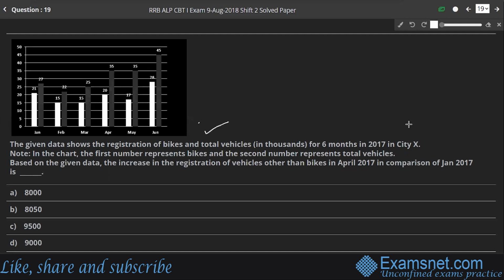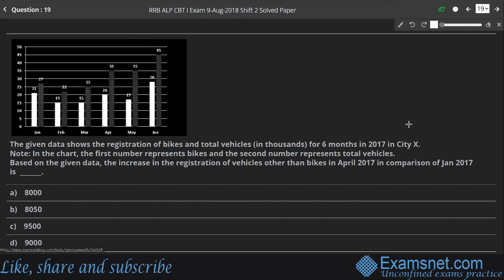Question number 19. The given data shows the registration of bikes and total vehicles for 6 months in 2017 in city X. These registrations of bikes and vehicles are in thousands. Here is a note: in the chart, the first number represents bikes and the second number represents total vehicles.